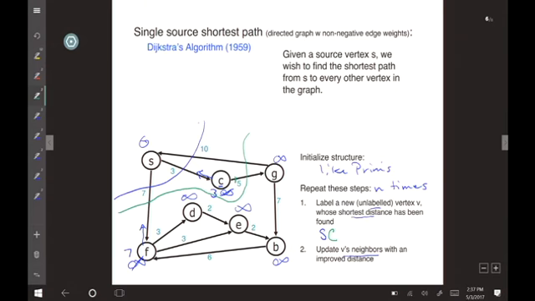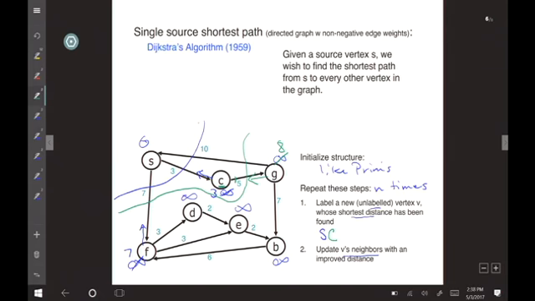But I am no longer interested in the cost of attaching G to the structure. I am interested in the cost of going from S to G. What's my current best known cost of getting from S to G? 8 is correct. It's the cost of getting to C plus 5, so it's 8 here. And we're done with that iteration.